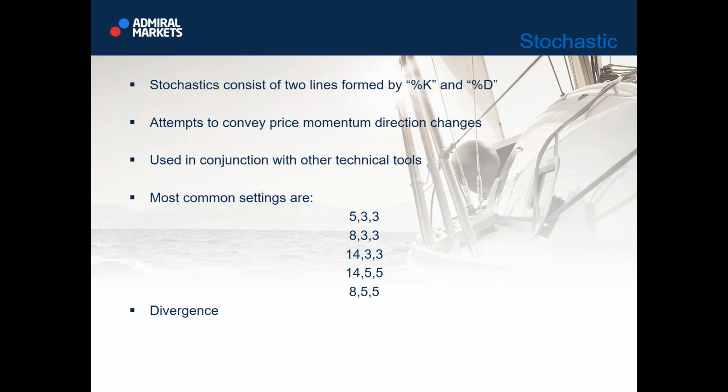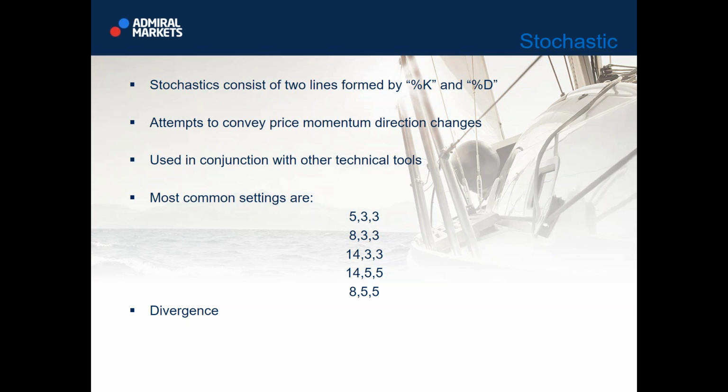And also a good thing with stochastic is that it can show you divergence. So when we talk about divergence, I will show you both MACD and stochastic divergence. It's good to know that both trend continuation moves and reversal moves can be used with both MACD and stochastic confluence, divergence confluence.